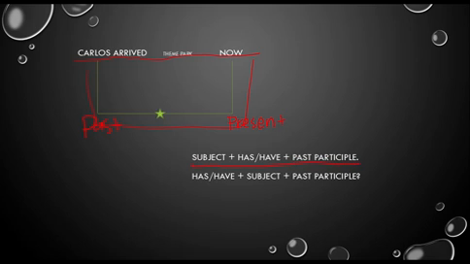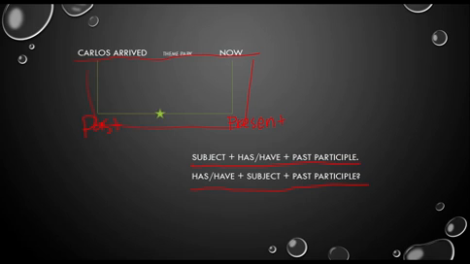So, in this part, you have the formula to make the affirmative sentence. And you have here the formula to make a question in past participle, okay? Subject plus has or have. It depends on the pronouns.